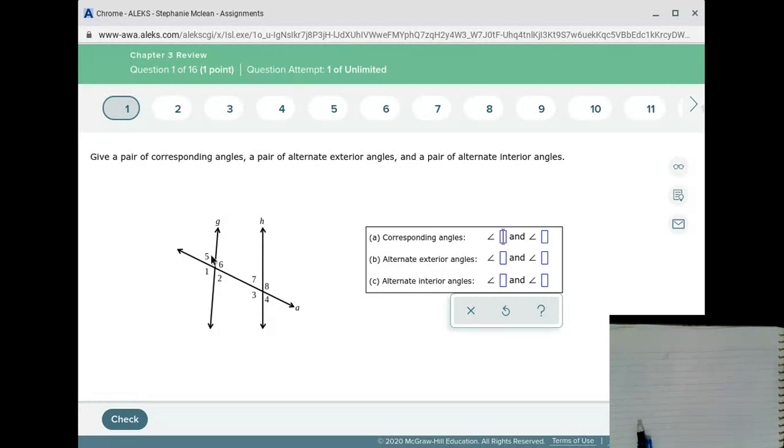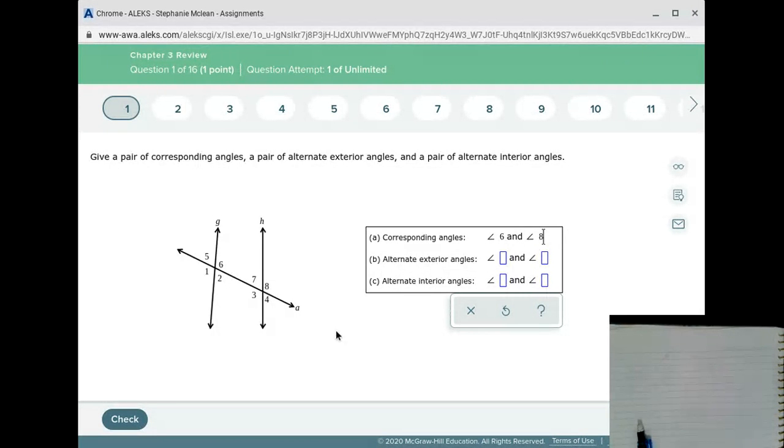If I take line G and lie it on top of line H, I can see that 6 and 8 would lie on top of each other. So for an example, I'm going to use angle 6 and angle 8. You could use different angles as long as they lie on top of each other if you were to put the two lines on top of each other.